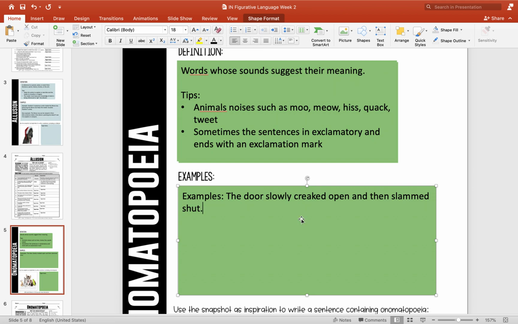With this particular sentence, both creak and slam imitate sounds, and those are your onomatopoeia. So I'm going to go ahead and just italicize these.